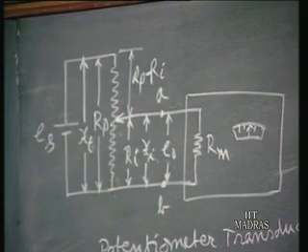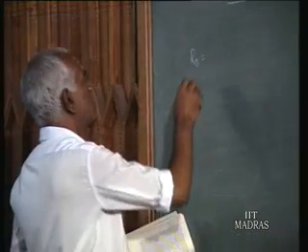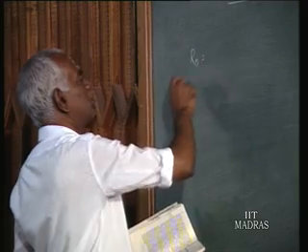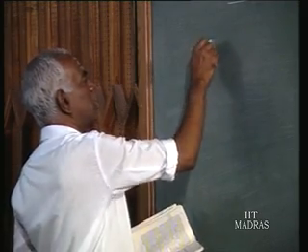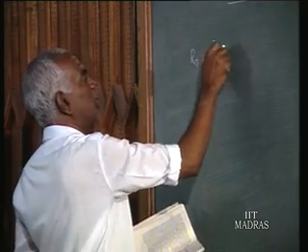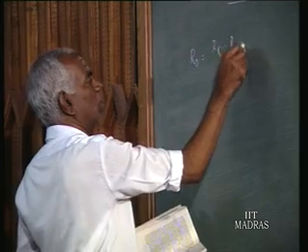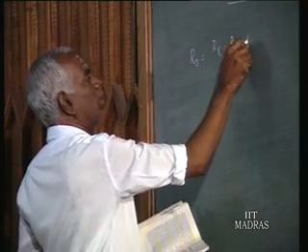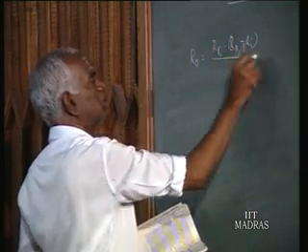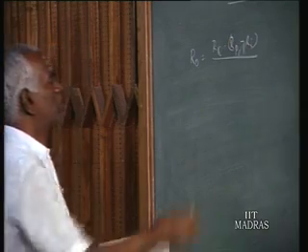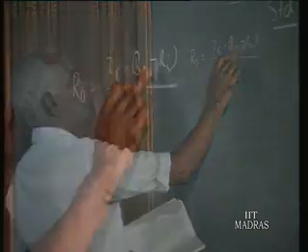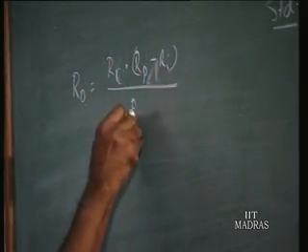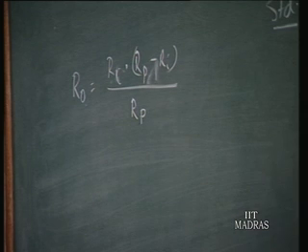So now Ro is made up of two parallel resistances. It is equal to Ra Rb, that is Ri into Rp minus Ri, these two parallel resistances, divided by the summation of these two. So Ri plus Rp minus Ri gives Rp. So this is the output resistance. Input resistance is Rm.